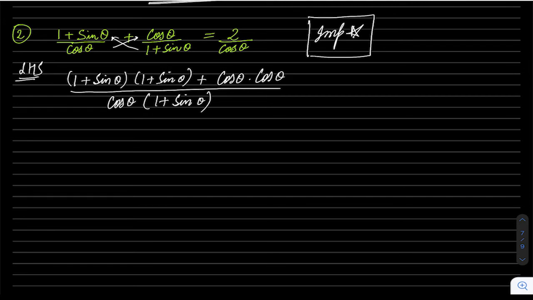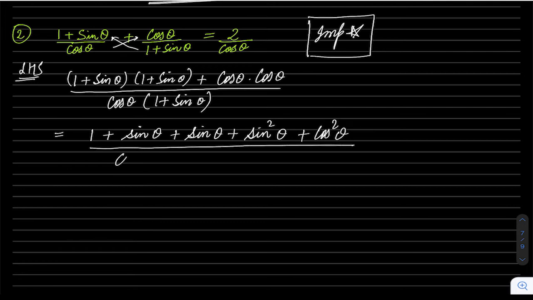Next step. Now we can multiply the first two terms using the FOIL method. So what we will get? We will get 1 plus sine theta plus sine theta plus sine square theta, plus cos theta into cos theta, which is nothing but cos squared theta. The denominator will remain the same, that is cos theta into 1 plus sine theta.